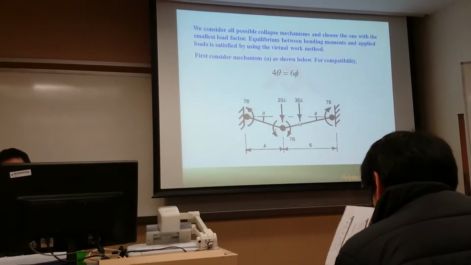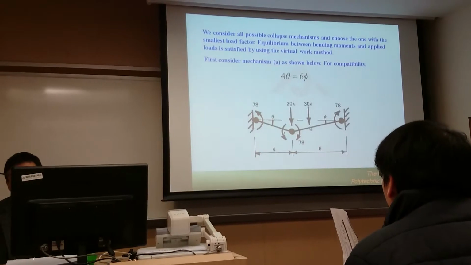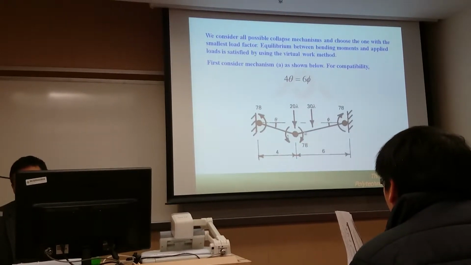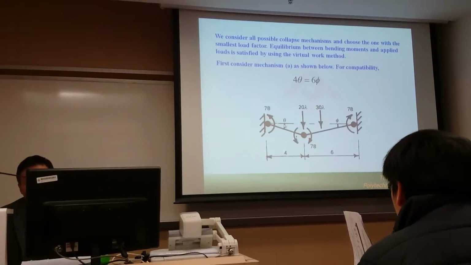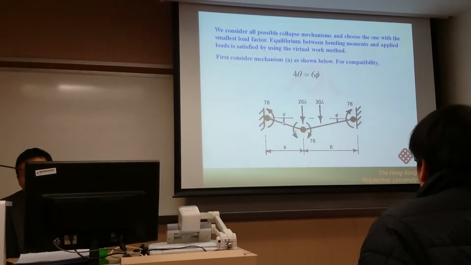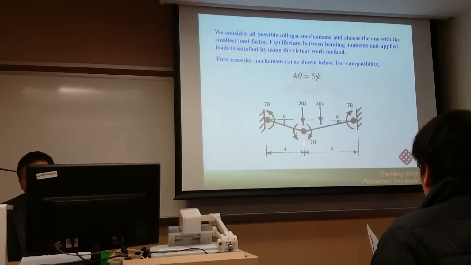So we have a plastic hinge here, and here. Please understand that the second force application location is not a plastic hinge. So here there is no rotation. This is just rigid. If you assume here is a rotation theta, we can obtain the deflection here, and also the rotation phi.